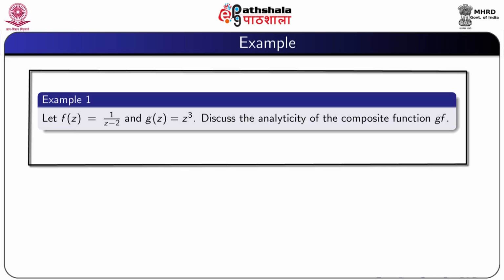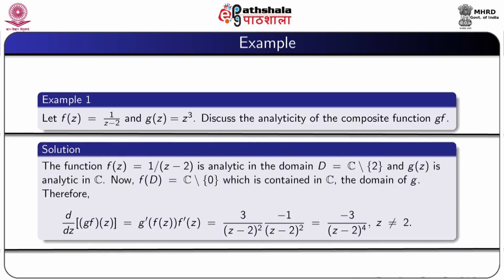Now we give an example. Suppose f(z) is a function defined by 1 by z minus 2 and g(z) is another function defined by z cube. Then discuss the analyticity of the composite function g of f.